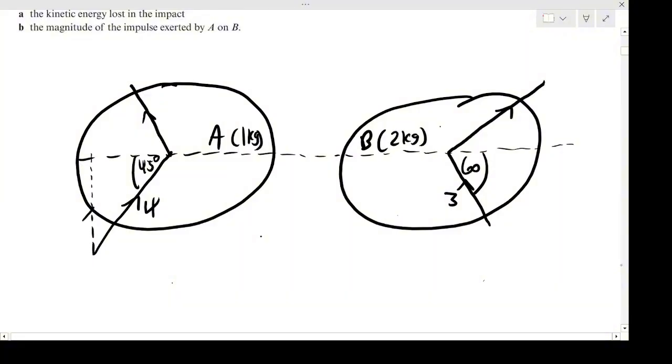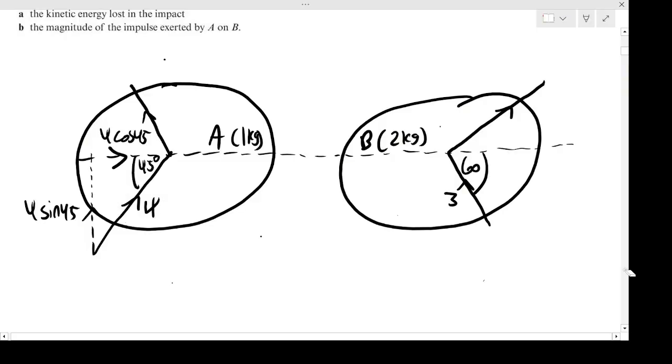It's going to go up like this and then across like that, right? So this is going to be 4 sine 45, that component, and then this would be 4 cos 45. Okay, hopefully you're happy with that. I'm splitting up the speed 4 here into horizontal, vertical, or parallel and perpendicular parts.